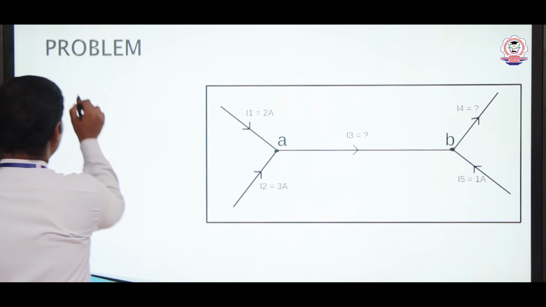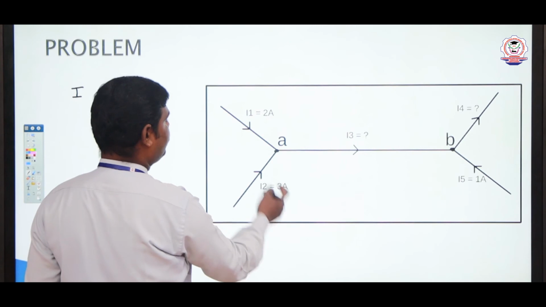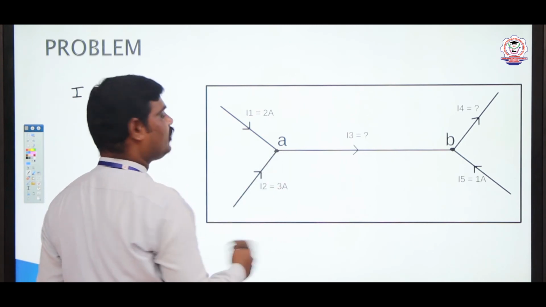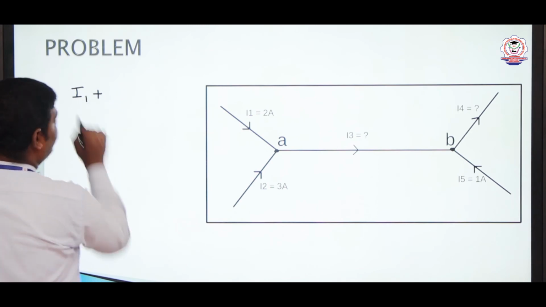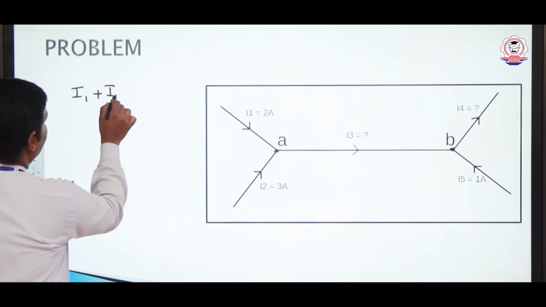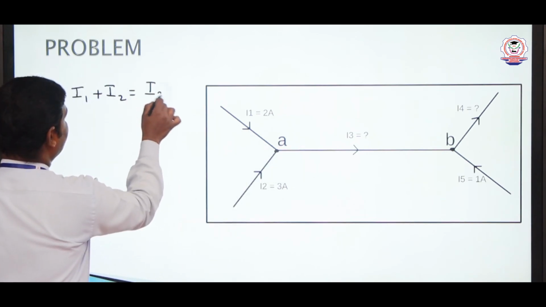See, here I1 is equal to 2 ampere and I2 is equal to 3 ampere. So, for this junction we have to write the formula: the entering currents I1 plus I2 is equal to the leaving current I3. Okay.